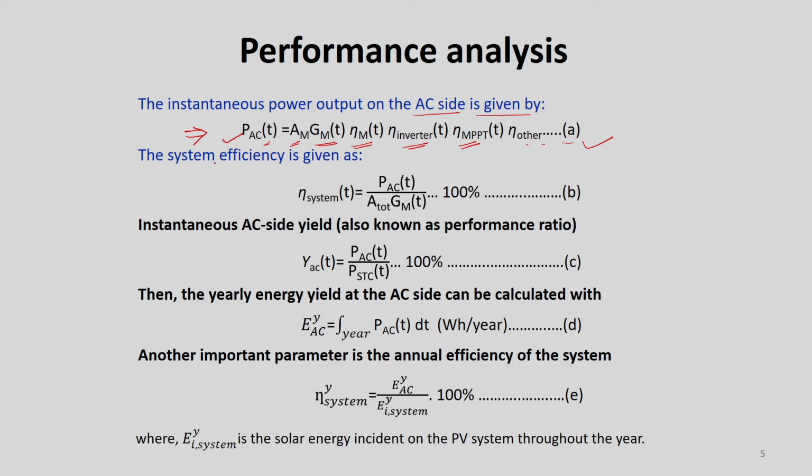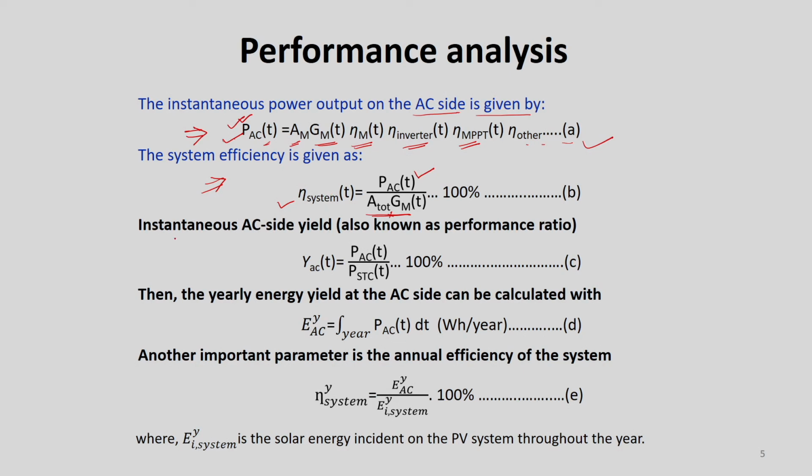If we are interested in calculating the system efficiency, then we can use this equation. If we know P_AC, and if we know the amount of radiation falling on that particular site and area, then from that we can calculate the system efficiency.